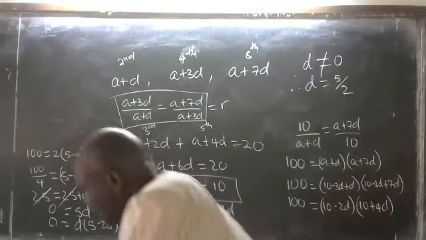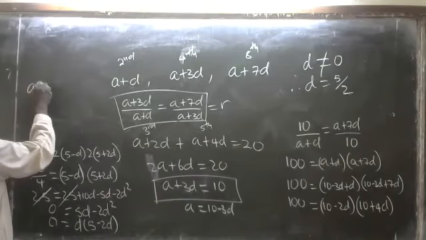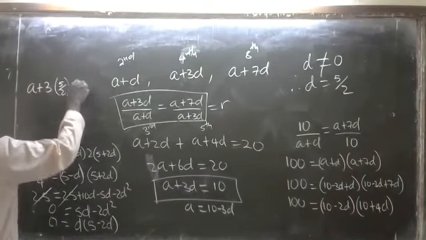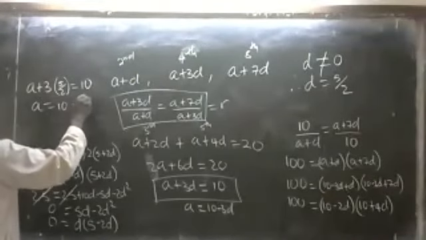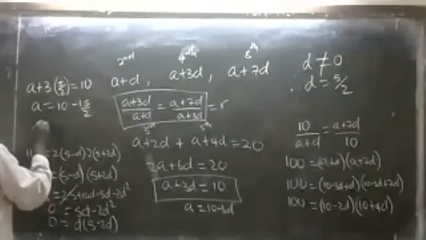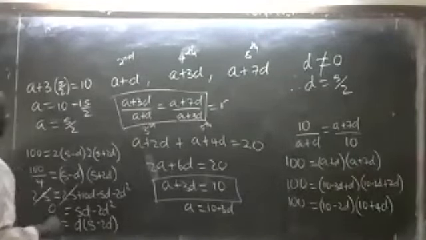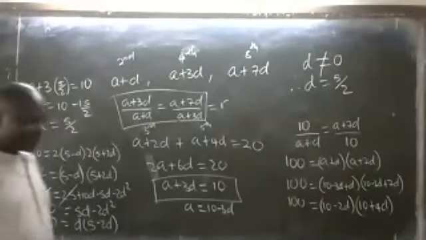So you can work out the value of a from here. You have 3 times 5 over 2, is equal to 10. We shall have a is equal to 10 minus 15 over 2. We shall have a is equal to 5 over 2. So a and b are equal.